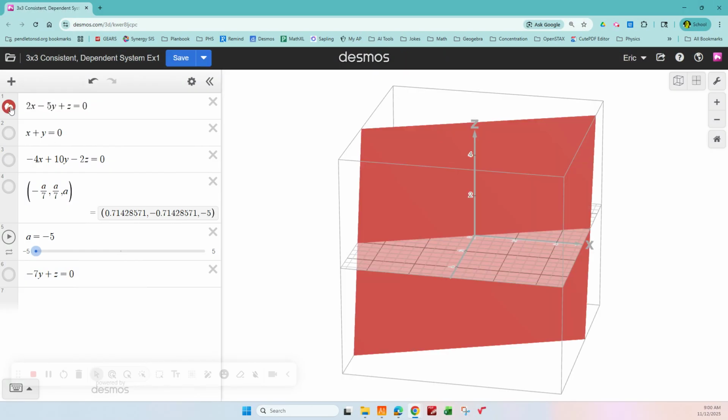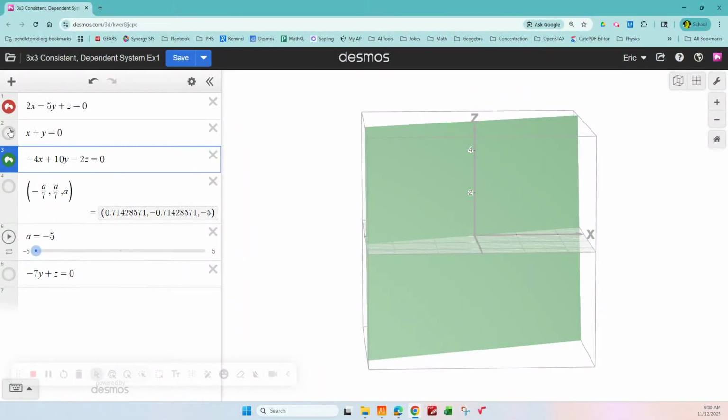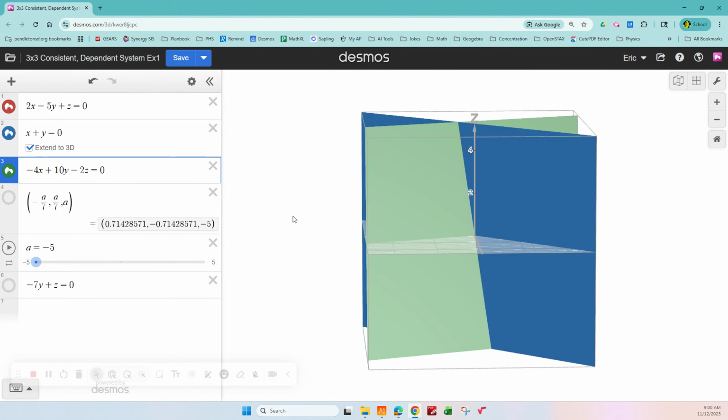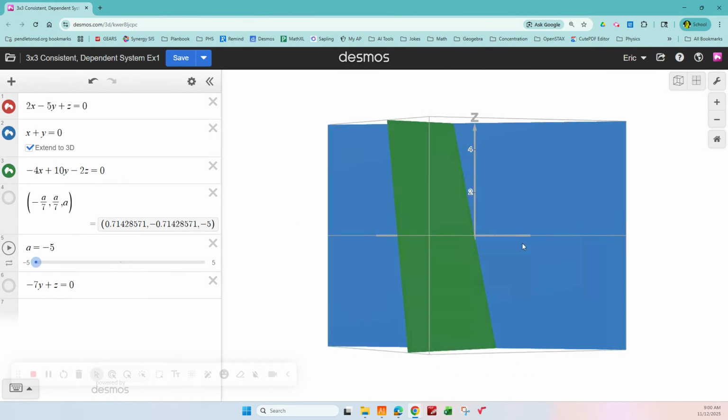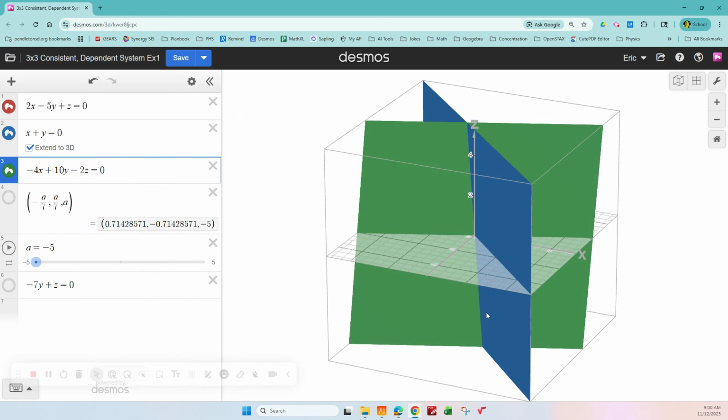But that's what our first plane looks like. That's what our third plane looks like. So they overlap perfectly. And then that middle plane is a different one, and we're just looking for the solutions that lie along that line. Okay, watch what happens here.